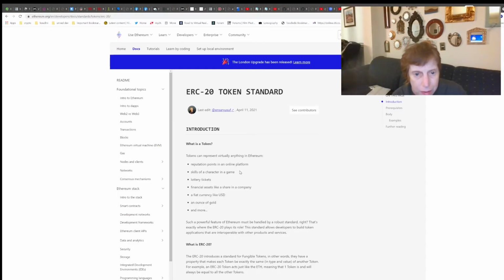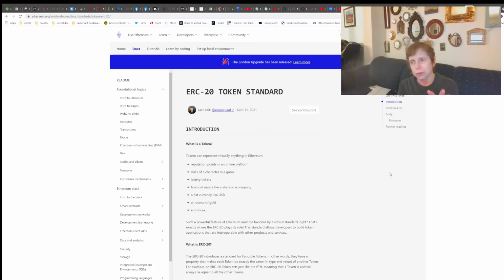Could be gaming, assets, a fiat. You can represent different things. Now, these are fungible tokens, which means you could break them up into little bits. So you can have a point one of a Bitcoin, let's say, or point one of an Ethereum.